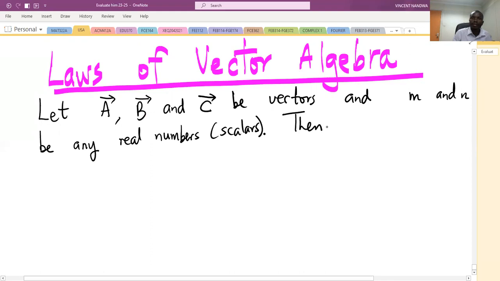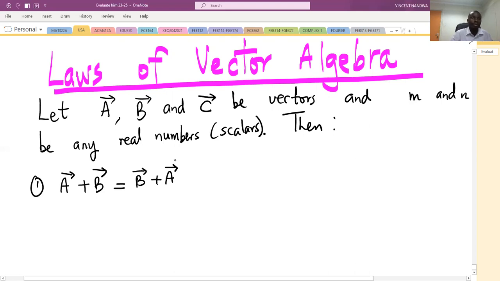Then the first one, A plus B is the same as B plus A. We are assuming that vectors A, B, and C are conformable for addition.